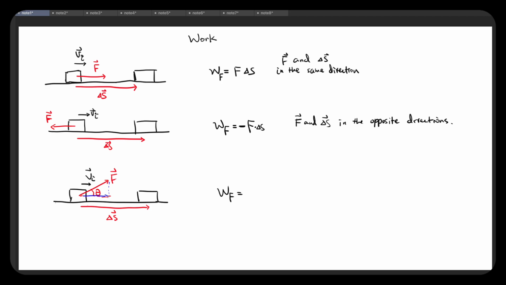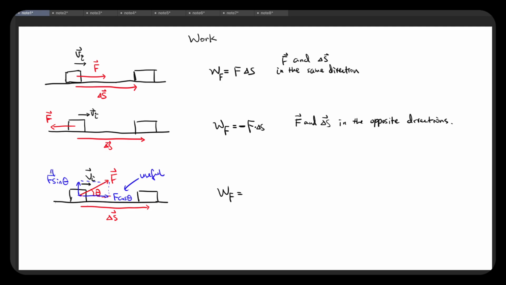One component is F cosine theta, and the other component is F sine theta. Clearly F sine theta does nothing to this object's motion. The motion is this way. F cosine theta is the useful one.